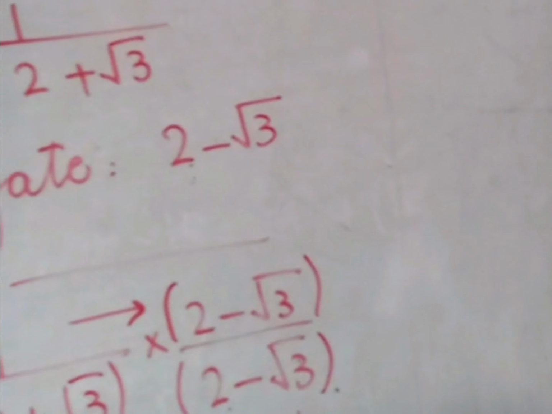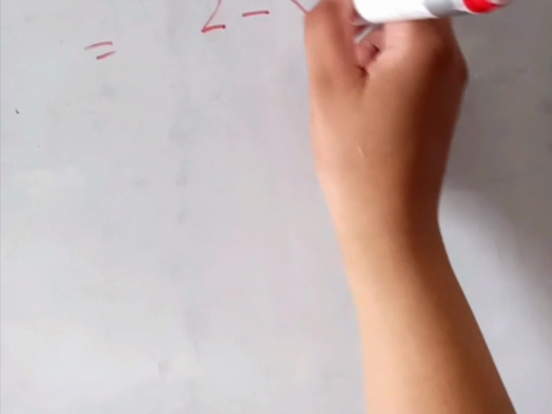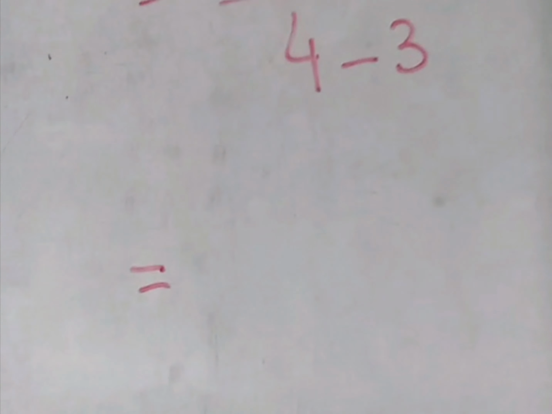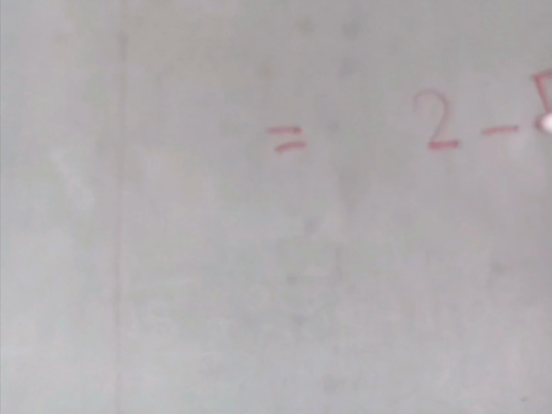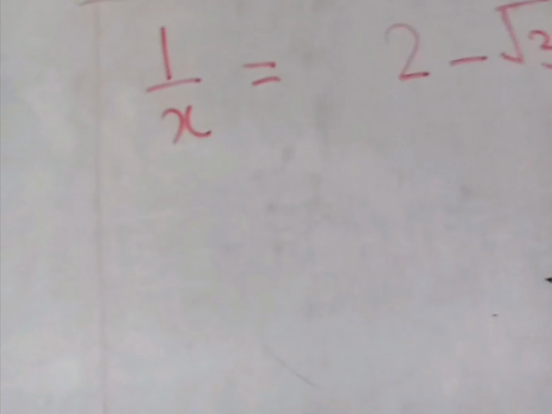In the denominator, it is a square minus b square. a square means the square of 2, b square means the square of 3. Okay, the square and square root cancel out, so what is left? 2 minus square root 3 divided by 2. Yes ma'am, I thought the value above is fine: 4 minus 3 is 1, so no need to write 1 in the denominator. So we got the value of 1 by x. Any problem till here?